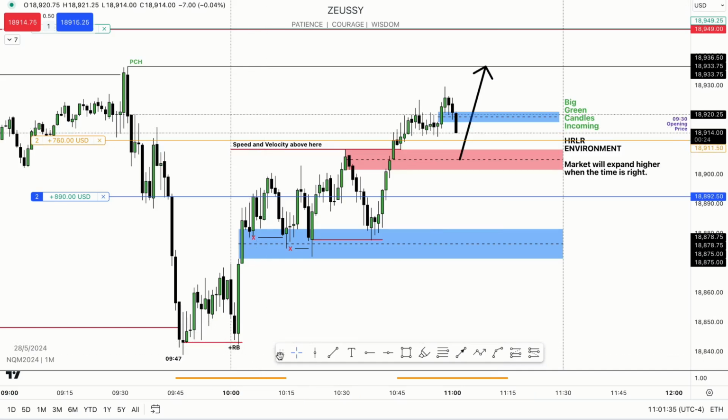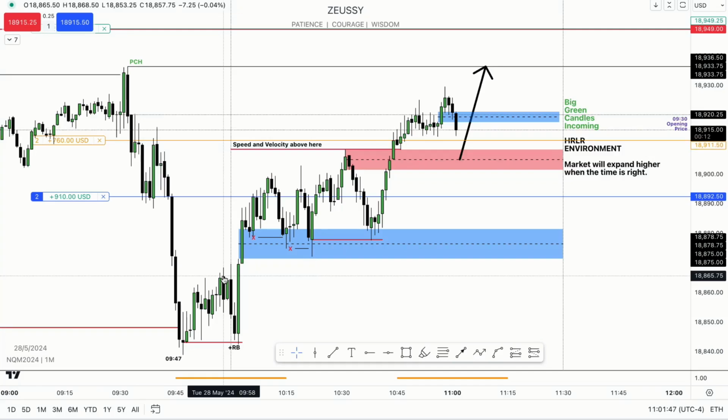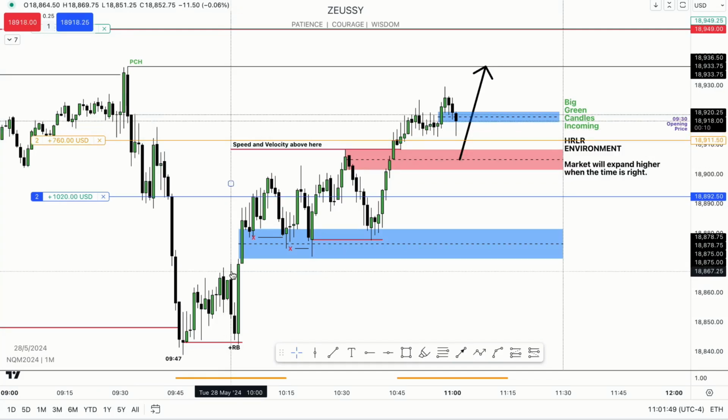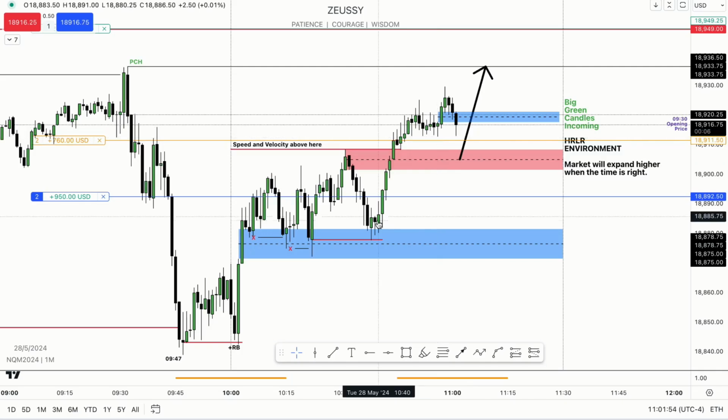Something to be mindful of. It seems like Nasdaq is also trying to draw towards that low. I'm monitoring this candle's close.